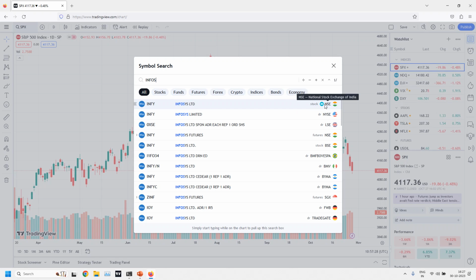NSE means National Stock Exchange India. Even Infosys is also listed in the New York Stock Exchange. NYSE indicates New York Stock Exchange. Any US people who are trading Infosys in the US stock market, you click on this chart. If it is India, you click on this Infosys. You have an Indian symbol. So I am clicking the Indian Stock Exchange Infosys chart.